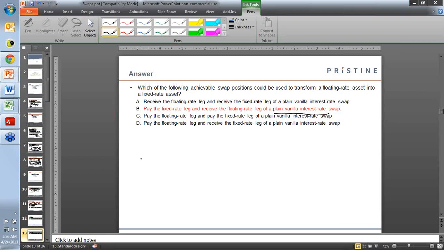This is the swap that we were discussing right now, the plain vanilla interest rate swap. So if there are two parties, A and B, with A paying say a fixed rate and B paying a floating rate, this means that in their current position, A can attain a fixed rate loan and B can attain a floating rate loan. According to the question, B wants to switch the floating rate loan to a fixed rate loan.